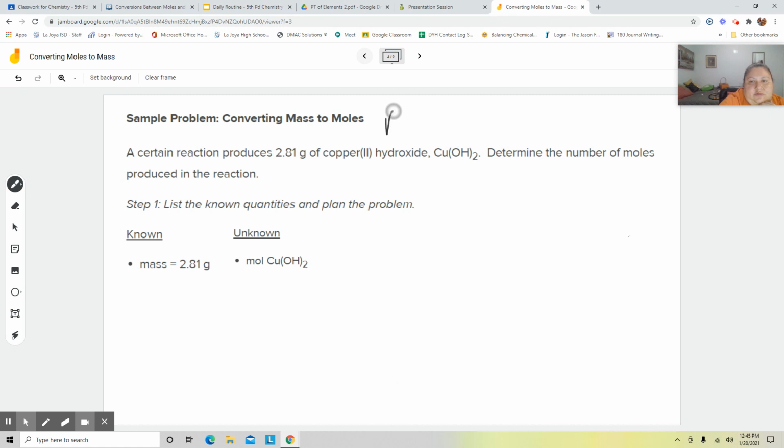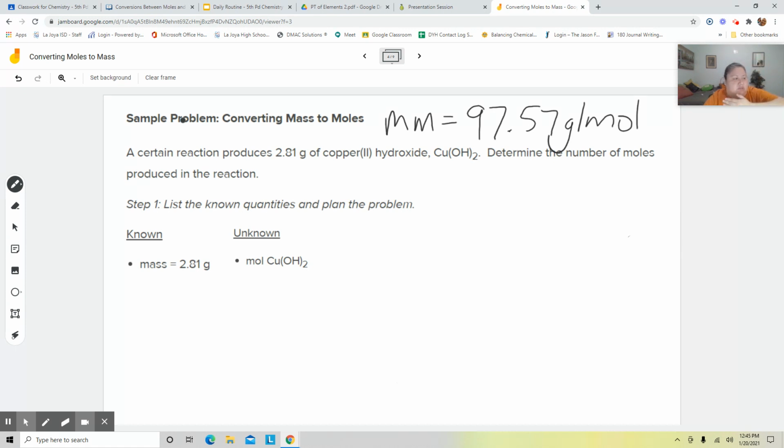Now I know the molar mass of copper hydroxide, 97.57 grams per mole. Okay? So let's go to the strategies. We already said we're going to multiply, right? Diamante said we multiply grams and molar mass in order to change.